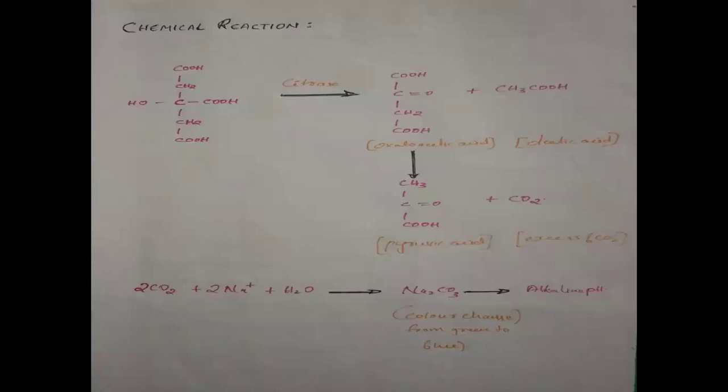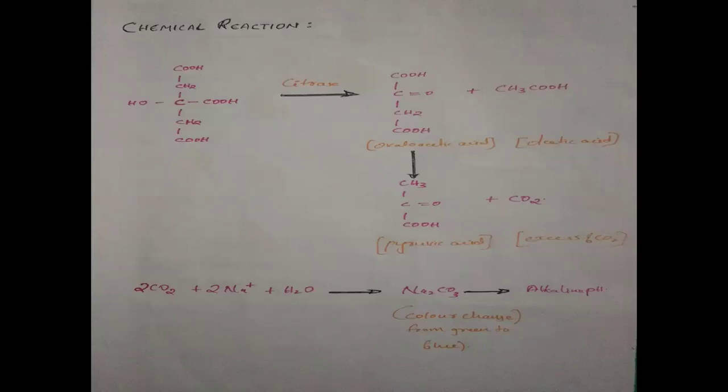The Simmons citrate agar medium contains the citrate along with water. If the organism is able to produce the adaptive enzyme citrate permease, called citrase, the citrate will enter the cell and directly enter the TCA cycle, producing oxaloacetic acid and acetic acid. Later, the oxaloacetic acid gets converted into pyruvic acid, and also produces some carbon dioxide.